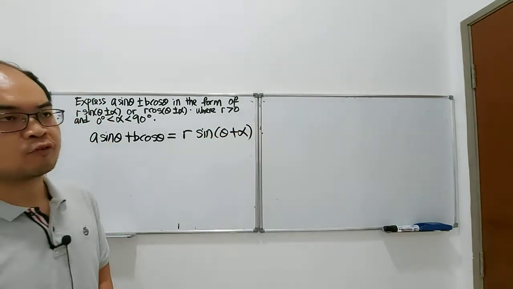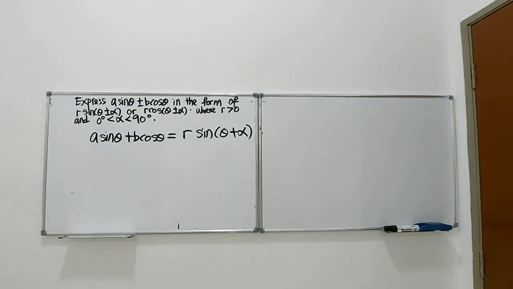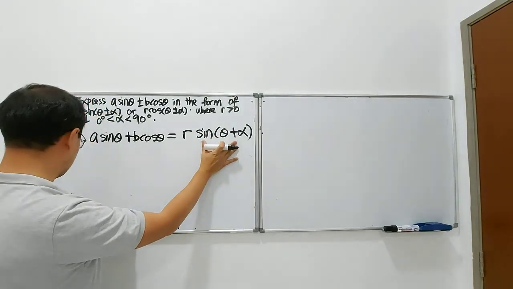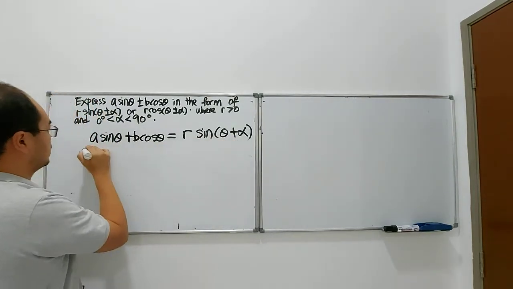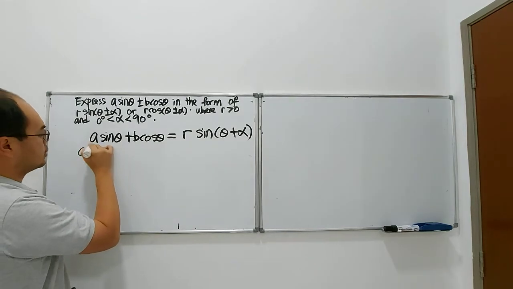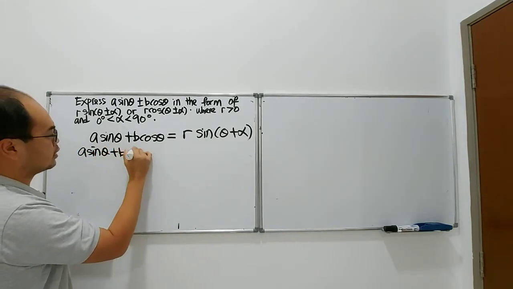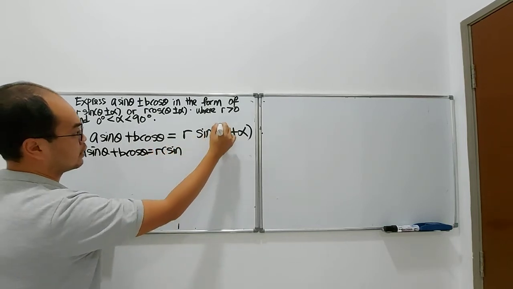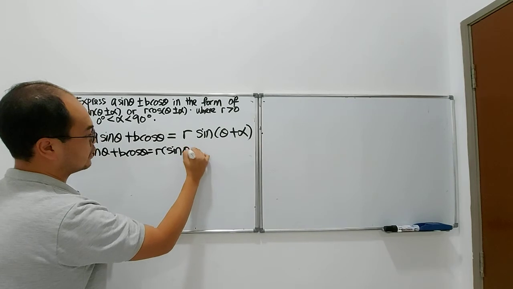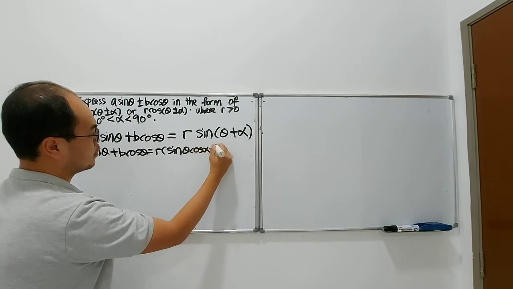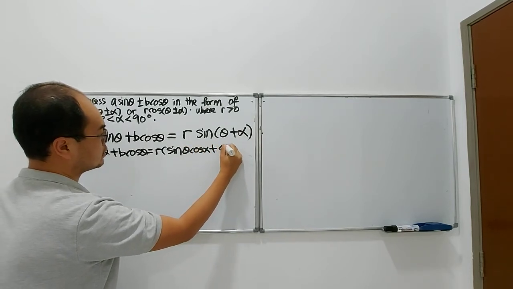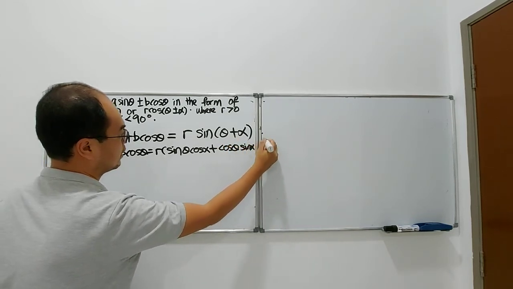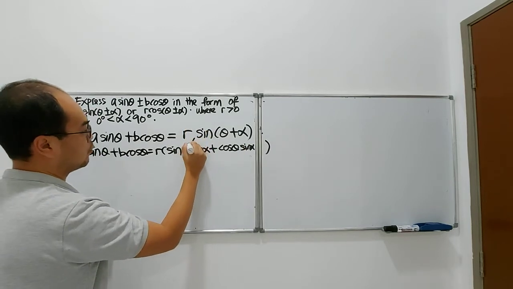So if you follow the compound angle formula, you will get a sine theta plus b cos theta equals r sine theta plus alpha, which is r sine theta cos alpha plus cos theta sine alpha, using the compound angle formula.